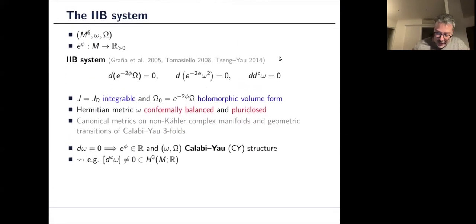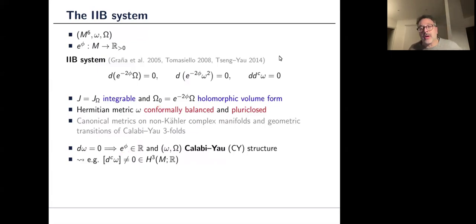Let me make some immediate observations. If omega is closed, so we actually have a Kähler metric, then phi is constant. So the solution is a Kähler Calabi-Yau, a Kähler Ricci-flat metric with a normalized holomorphic volume form Omega_0, and phi is constant.